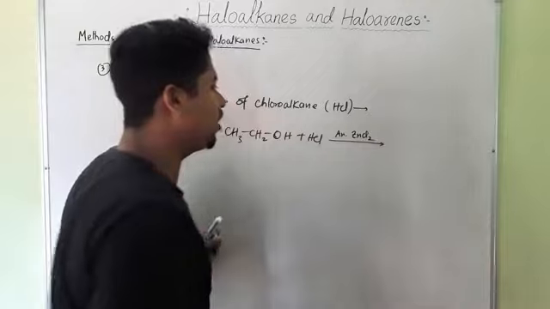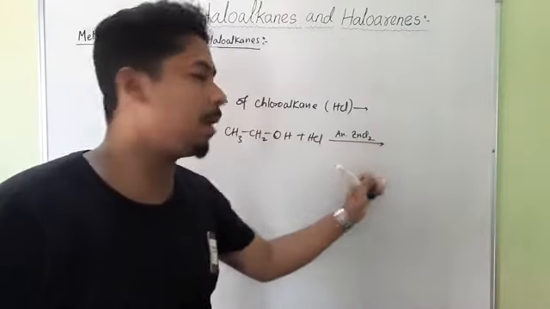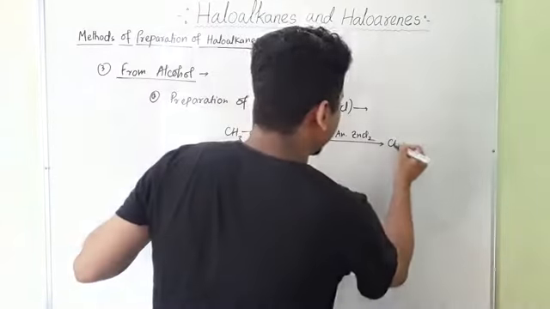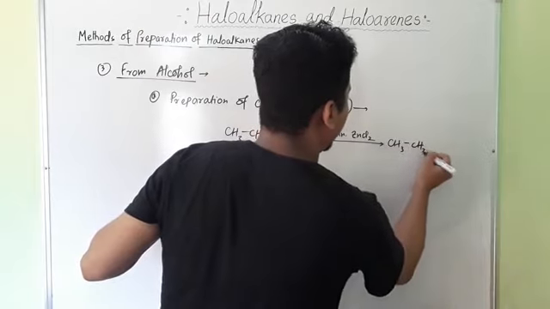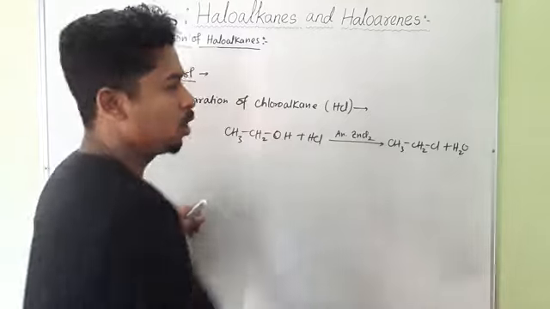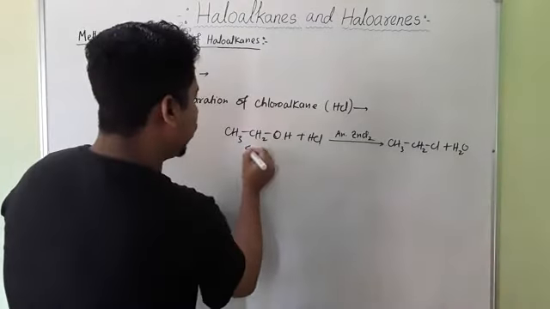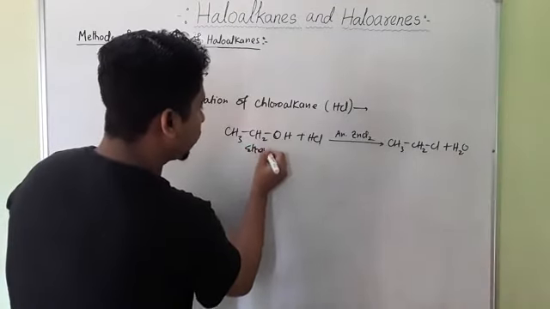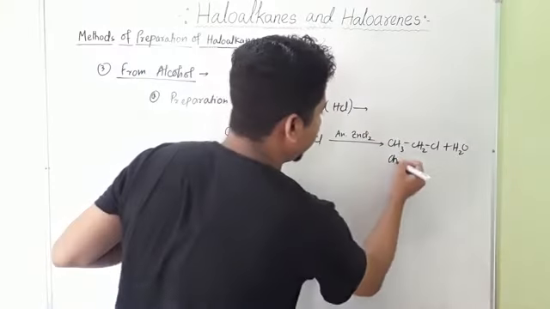This ZnCl2 is a Lewis acid. It will form CH3-CH2-Cl plus H2O, the corresponding chloroalkane. So this is ethanol, and this is chloroethane.